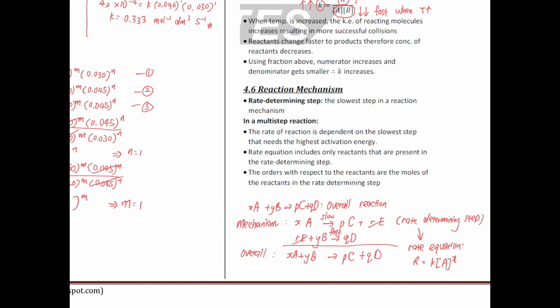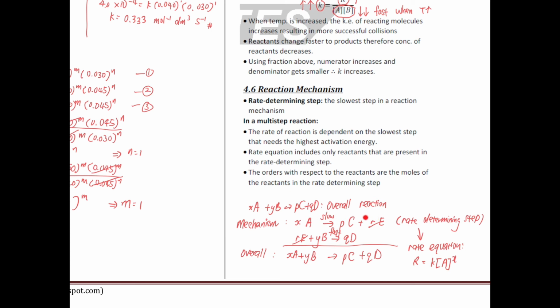Now let's see more theory here. In multi-step reactions, like here where we have first step and second step, the rate of reaction is dependent on the slowest step. So this is the slowest step.